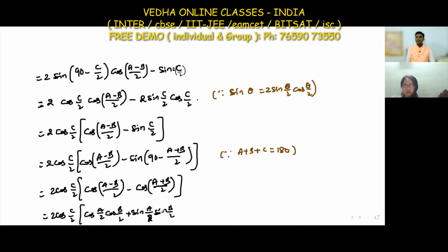That is cos A cos B plus sin A sin B, the cos A minus B formula, with by 2 written, and minus of the cos A plus B formula. What is the cos A plus B formula? Cos A cos B minus sin A sin B. If we multiply by minus, the first part is negative and the second part is positive: minus cos A by 2 cos B by 2 plus sin A by 2 sin B by 2.